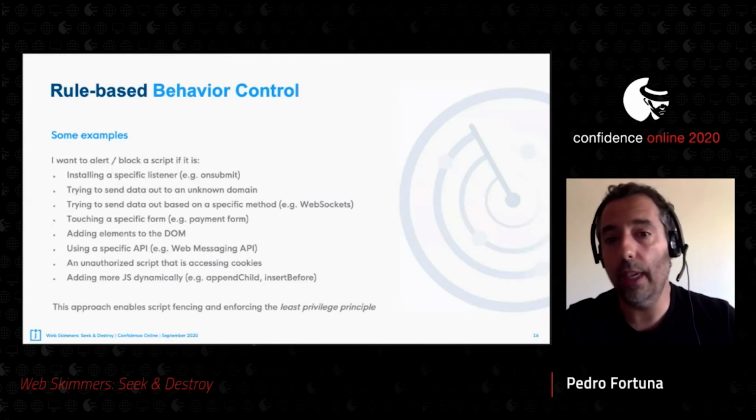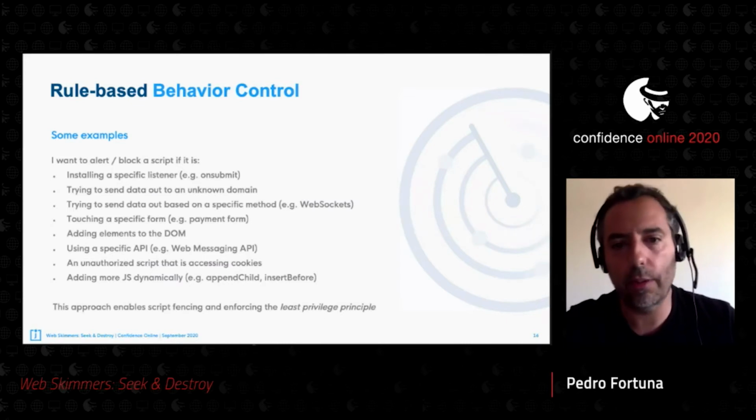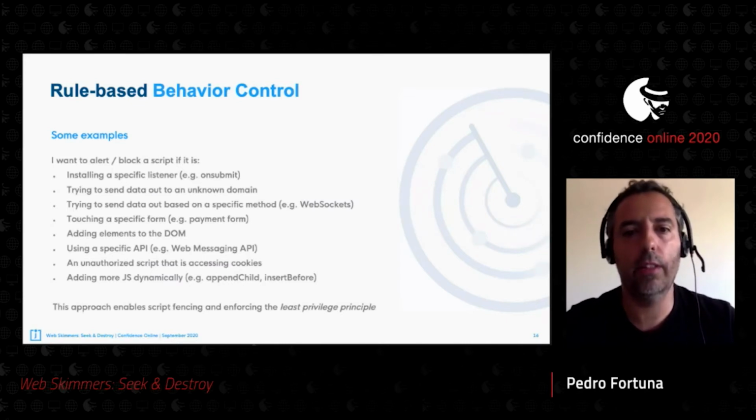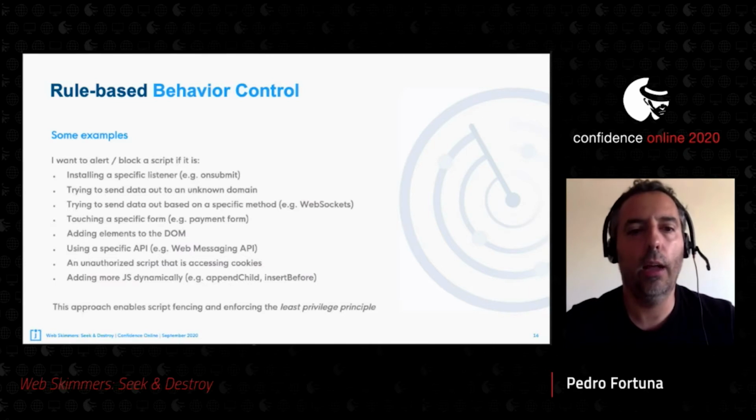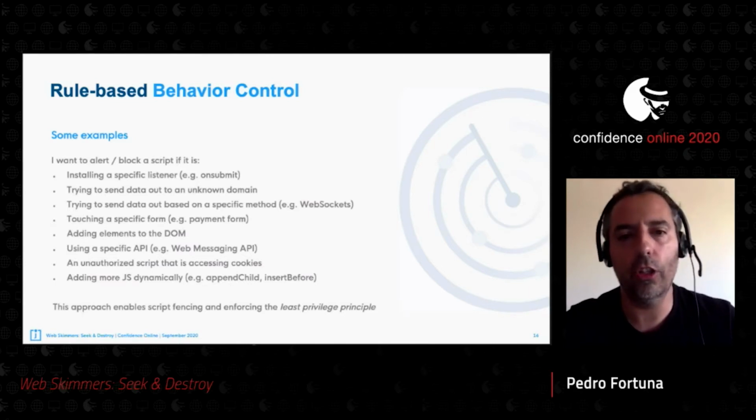Obviously, you shouldn't include all your third-party JavaScript in the checkout page, but some might be needed there for good reasons. Still, there's no reason not to limit the ones that should be touching the payment form or installing listeners. So our solution gives you the tools to go deeper and enforce that.